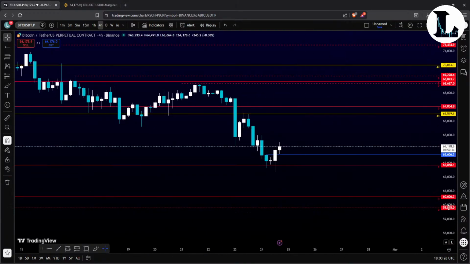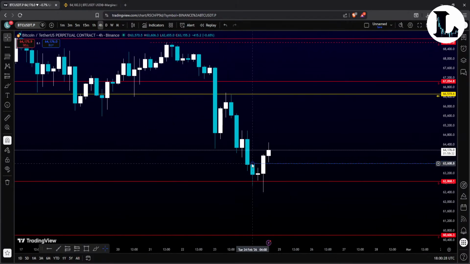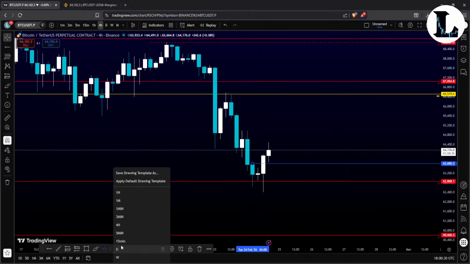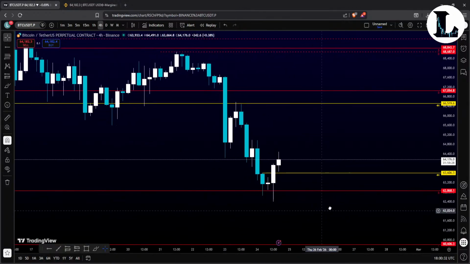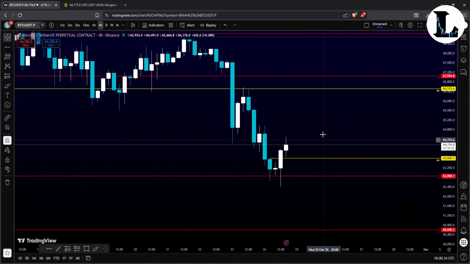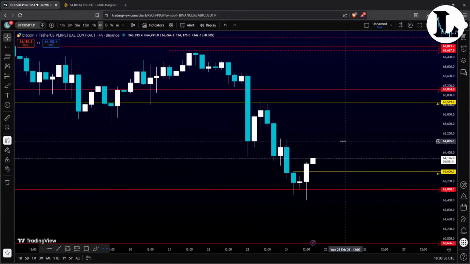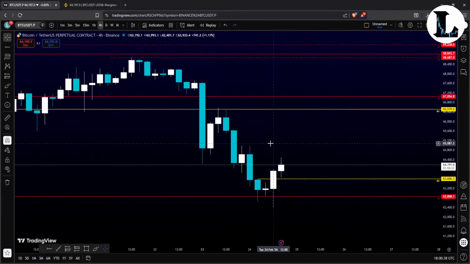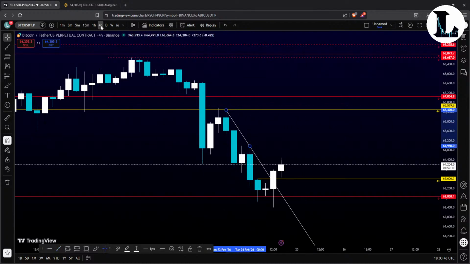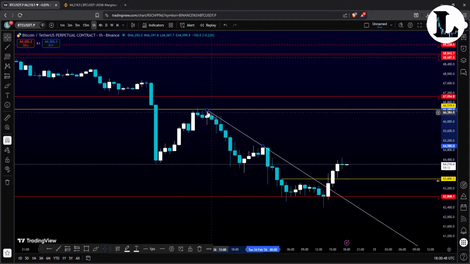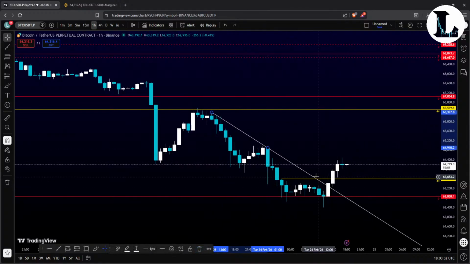So we already have a 4 hour here, and this is what is going to be interesting to understand. And we are kind of breaking a downtrend here, guys. So we have a range downtrend here. This is my downtrend on a 1 hour, and we are already breaking that downtrend.